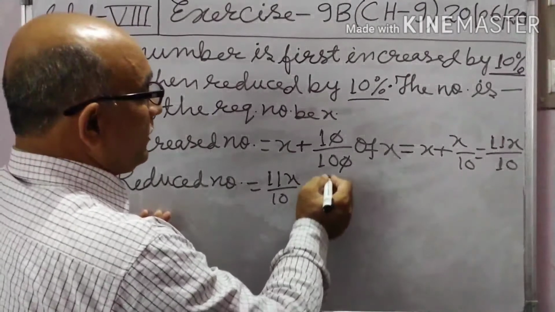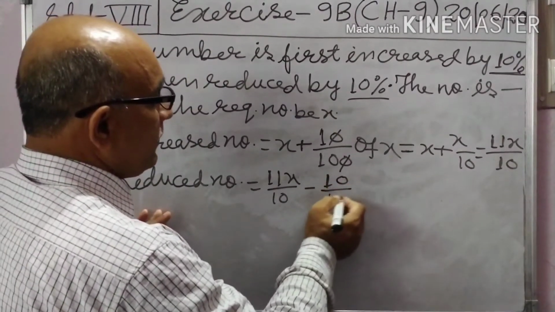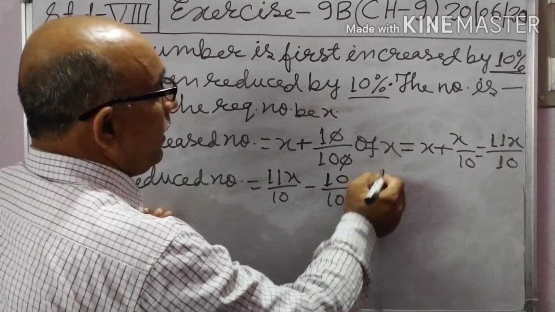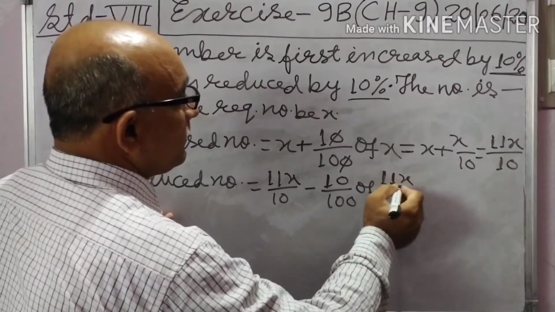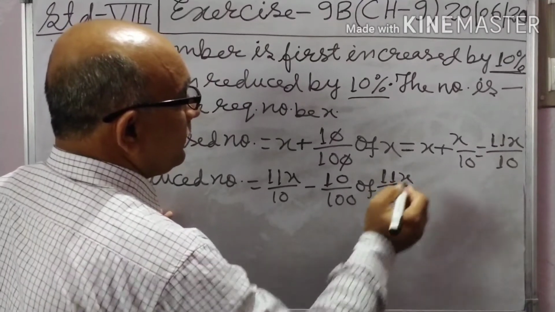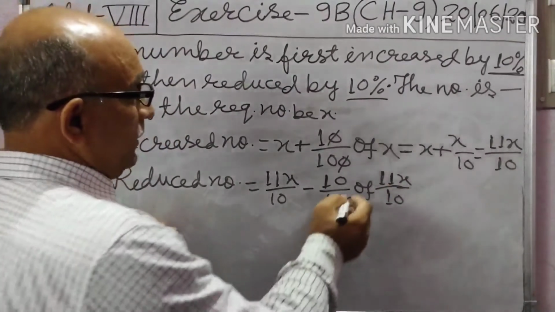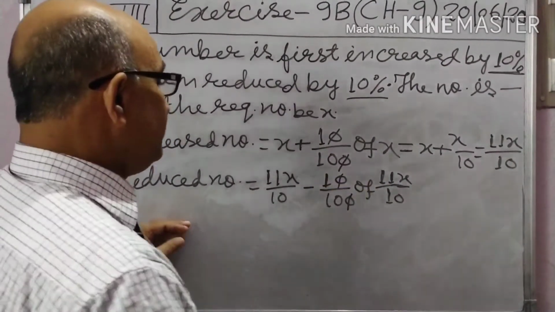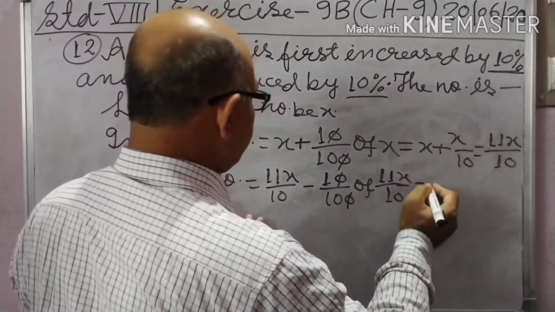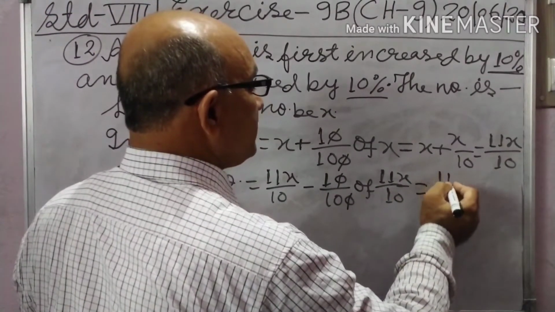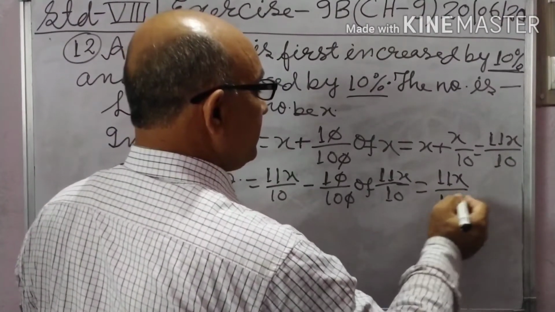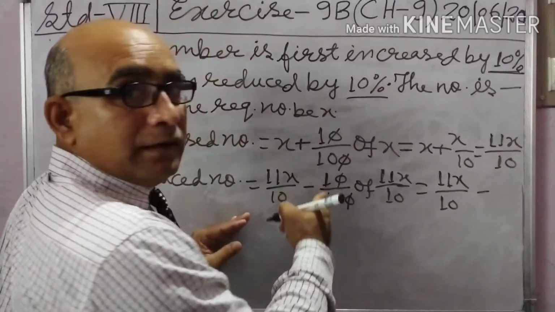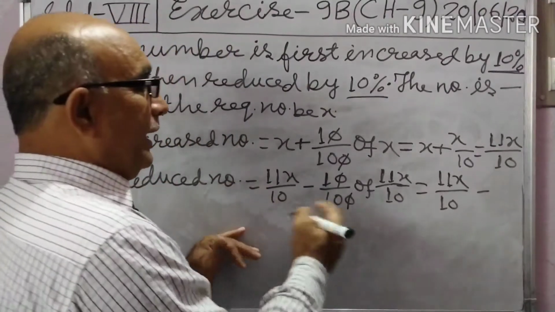So 10%. 10% means 10 by 100 of 11x by 10. Now 0 and 0 cancel. Equal to 11x by 10 minus 11x by 10.